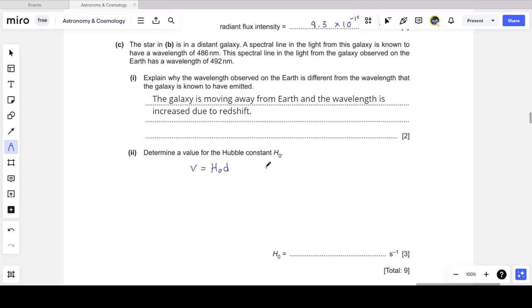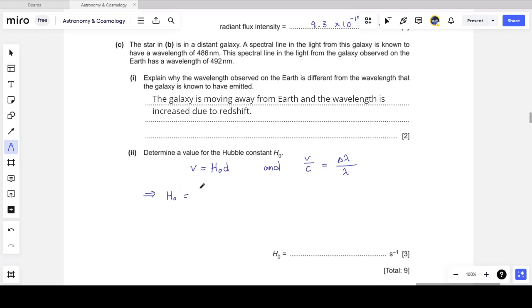What we can do is use the redshift equation, which says that the ratio of the speed at which the galaxy is moving away from us to the speed of light is equal to the difference in wavelength divided by the emitted wavelength, delta lambda over lambda. So I can put these two equations together and find a value for H0.